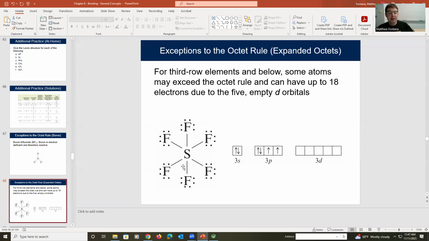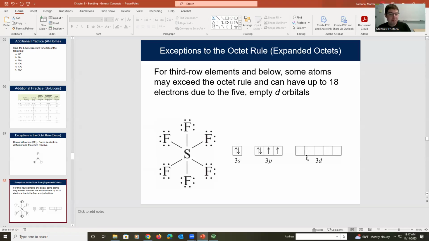So when you have SF6, sulfur does have d orbitals, they are just empty. Okay, so sulfur does have d orbitals because sulfur has the principal quantum number of 3. So it does have these empty d orbitals. And just as with oxygen, you can jam in 8 electrons where 2 go into the s orbital and then 6 go into the p orbitals.